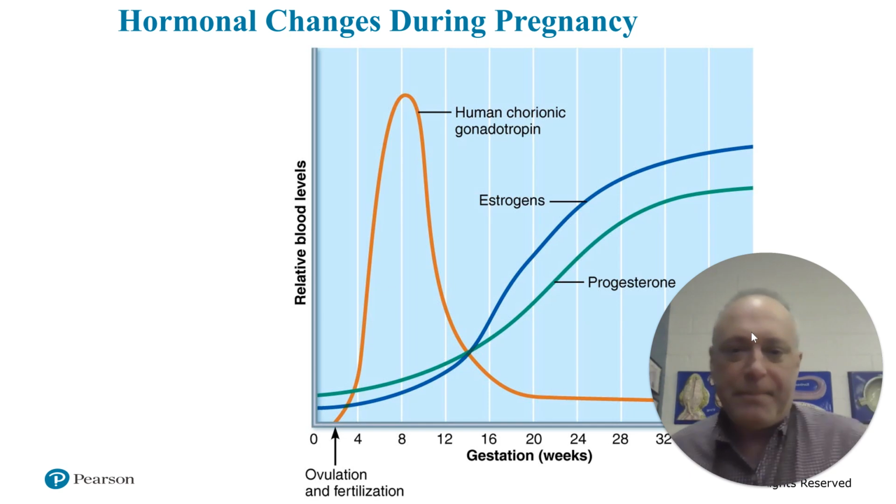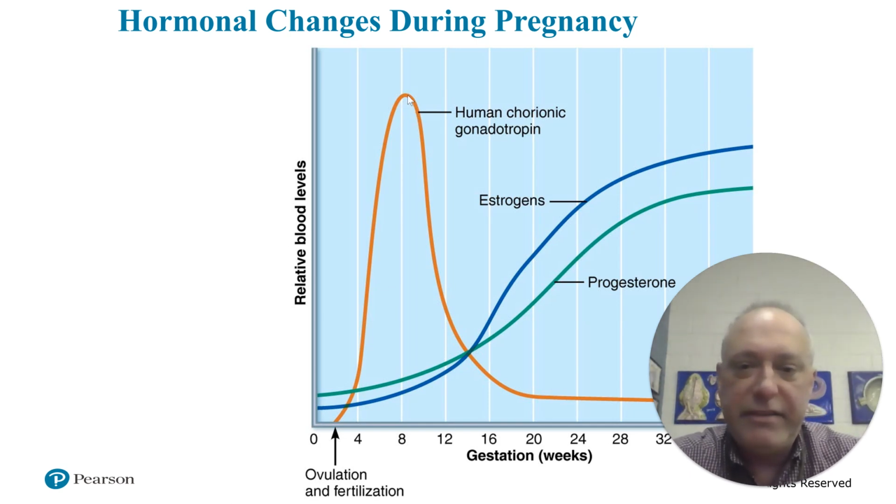So pregnancy tests will test for this spike in HCG. Looks like it's probably by around 4 weeks you can detect it, and this spike lasts several weeks. Then we can see that there's just a general rise in estrogens and progesterone for the rest of gestation until we reach 38 to 40 weeks.